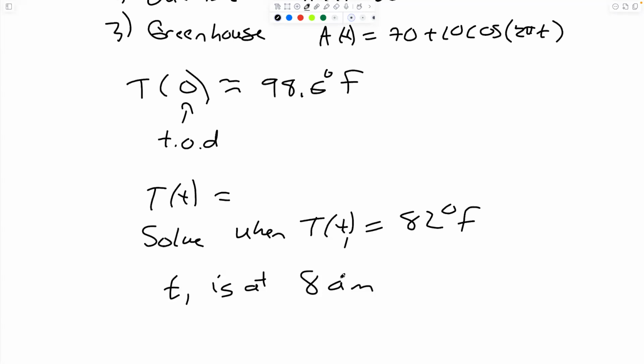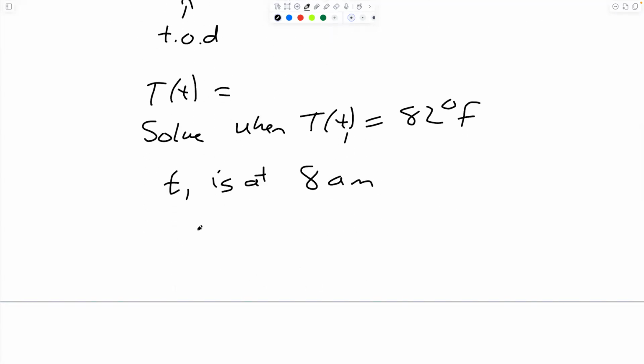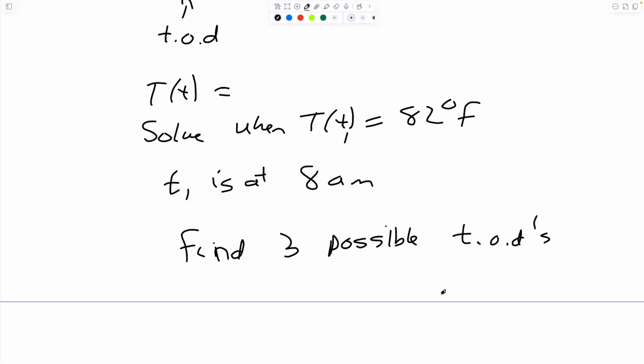So you have to work backwards and find the time of death. So find all three possible times of death and solve the case.